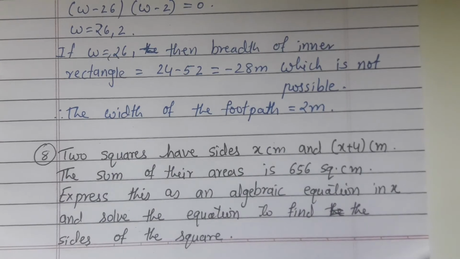Sum number 8. Two squares have sides x centimeter and x plus 4 centimeter. Sum of their areas is 656 square centimeter. Express this as an algebraic expression in x and solve the equation to find the sizes of the squares.